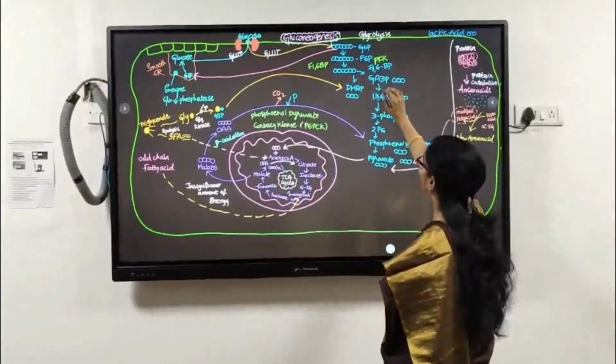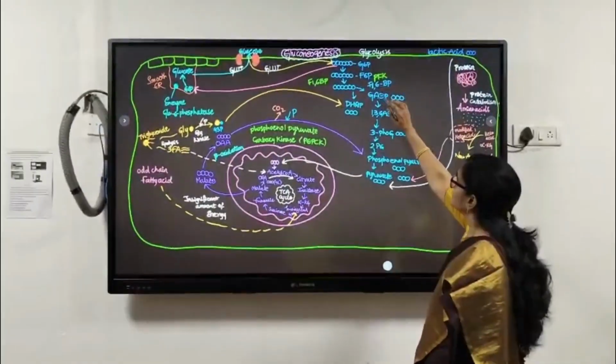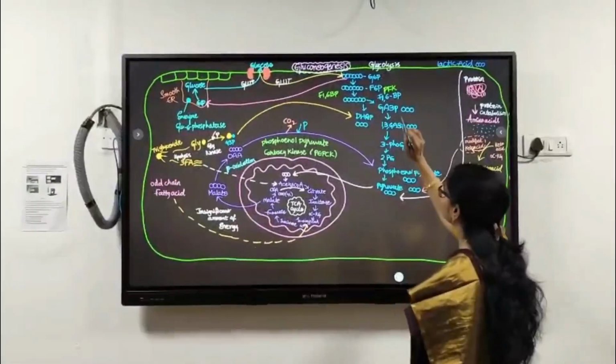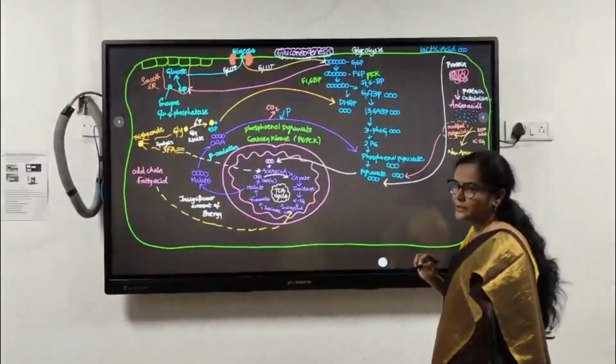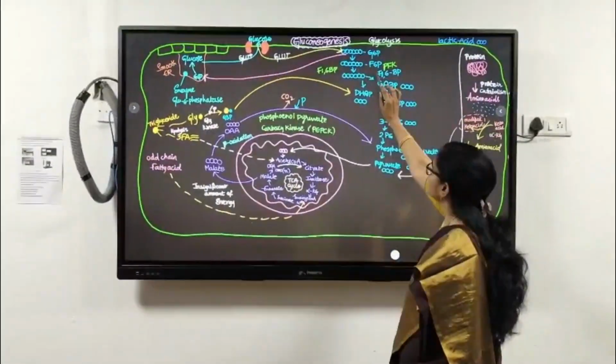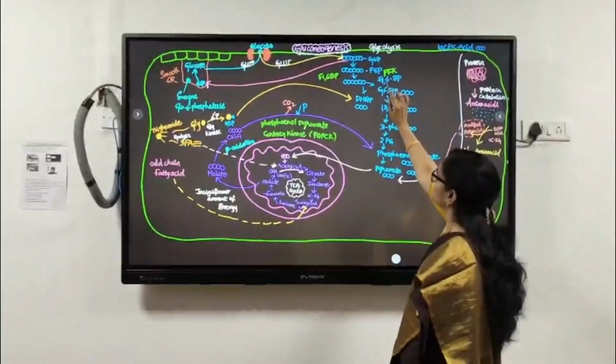And here 2 molecules of glyceraldehyde 3-phosphate are going to form fructose 1,6-bisphosphate. Then this fructose 1,6-bisphosphate, by losing one phosphate group, is going to form fructose 6-phosphate.